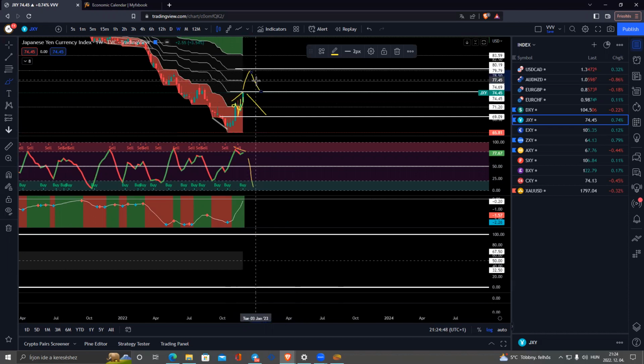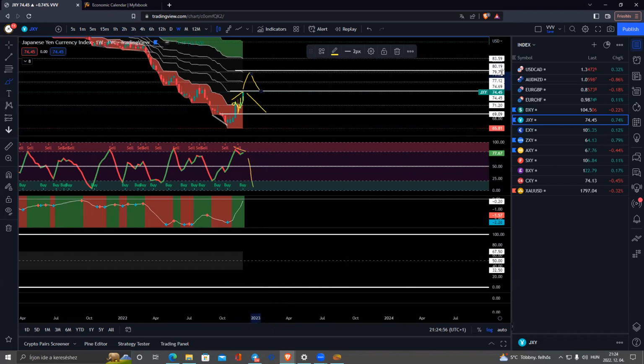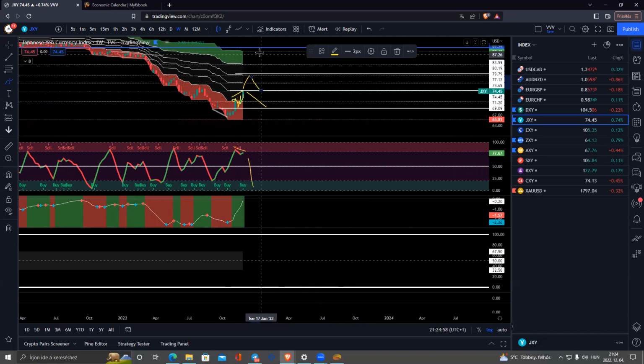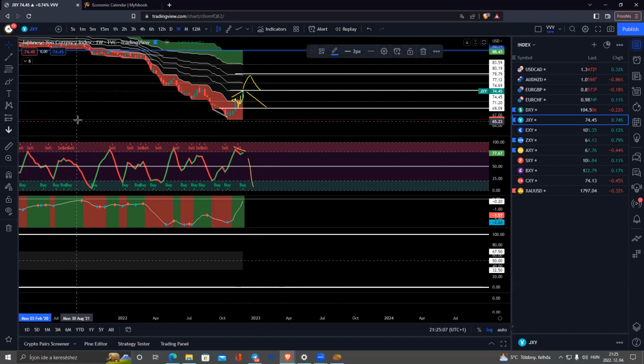If it does this move, then I think the next move will also be a continuation up. And then I don't know when I draw this line here, but this will be the target zone, to be correct.